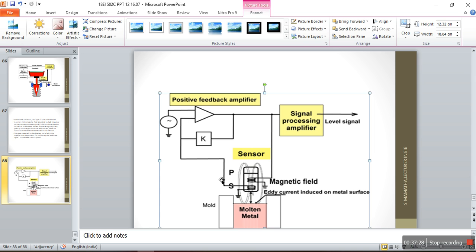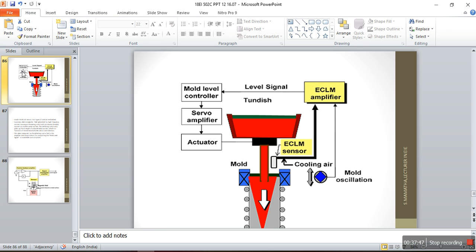The currents produced in the detecting coil are passed through the positive feedback amplifier and given as input to the signal processing amplifier, which gives a level signal to the mold level controller.